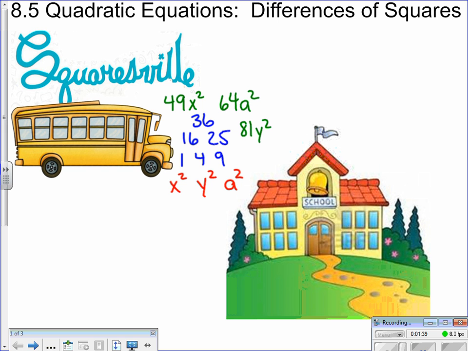And also keep in mind that not only is squared a perfect square, but other exponents, like d to the 4th, e to the 6th, f to the 8th. Any exponent that is even is also a perfect square. So these are all of the perfect squares. Only these things can get on the bus. So let's get them on the bus now.